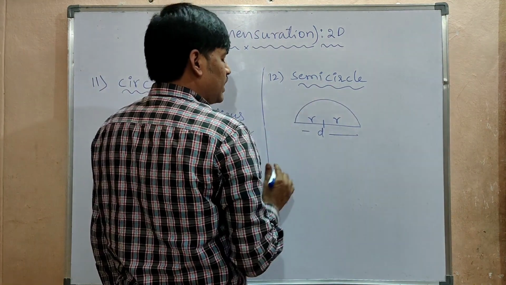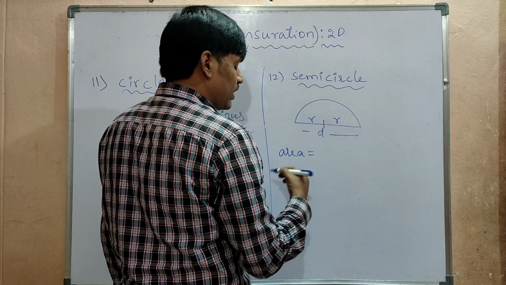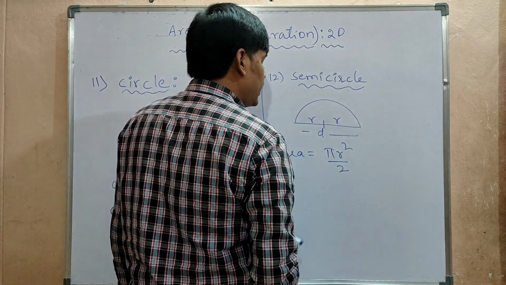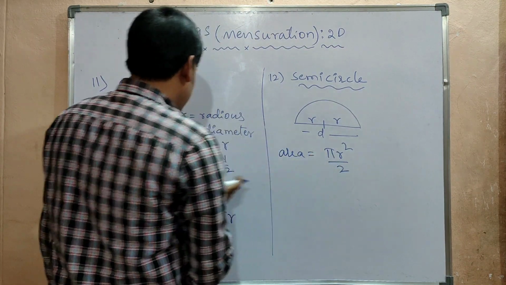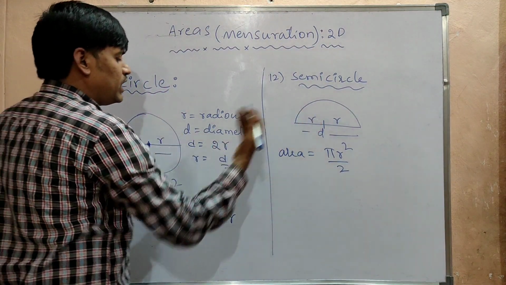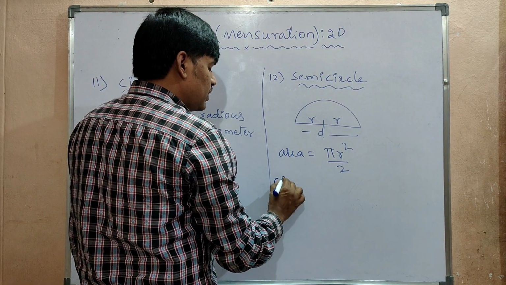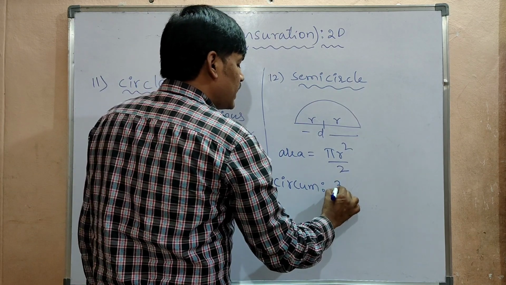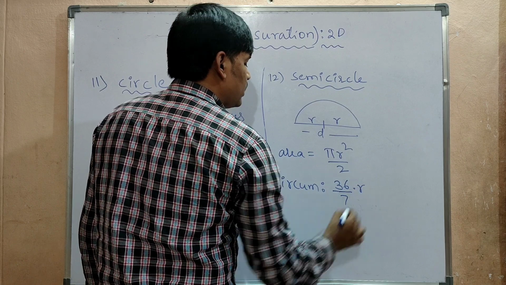Now I am taking the semicircle. Area of the semicircle is equal to pi r square by 2. Here it is half of the area of the circle. Now the circumference of the semicircle is 36 by 7 into r.